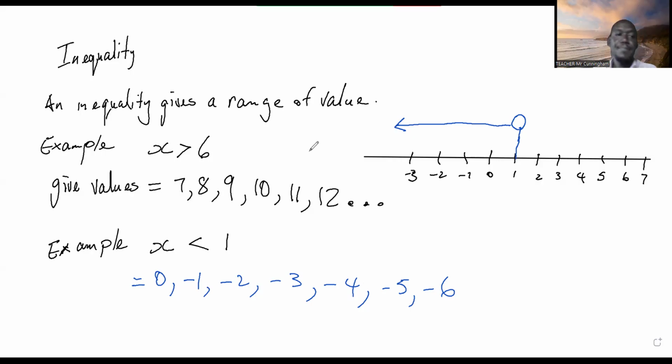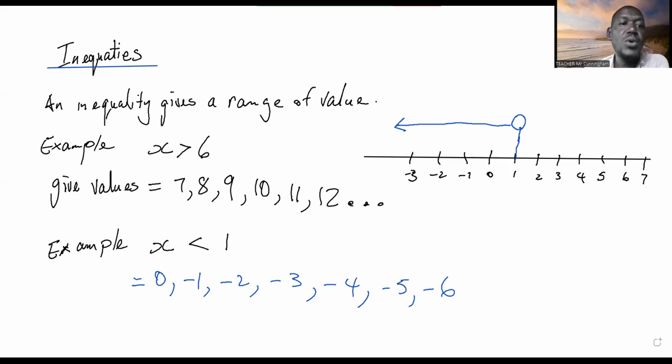All right? So let's recap. Inequalities. We are looking at inequalities, and not inequality, so let's correct that. Inequalities.